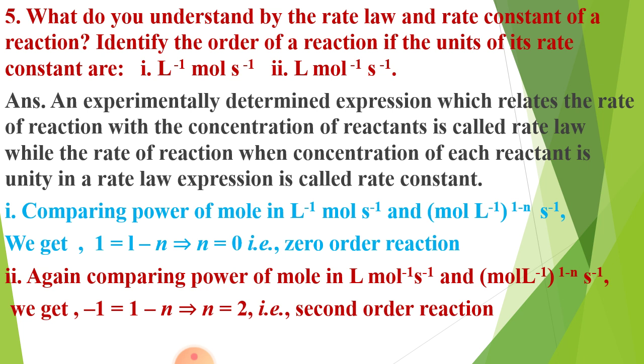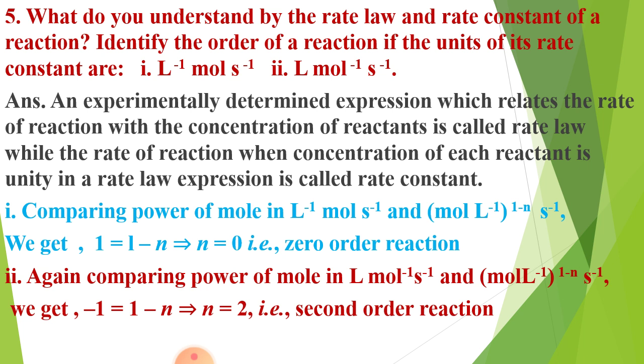Now the answer: an experimentally determined expression which relates the rate of reaction with the concentration of the reactants is known as rate law, while the rate of reaction when the concentration of each reactant is unity in the rate law expression is called rate constant. This I also told you in the previous lecture and in this lecture also. So this is the definition of rate law and rate constant.